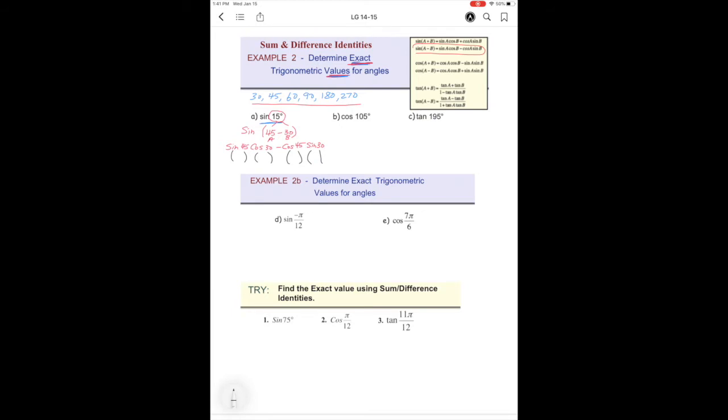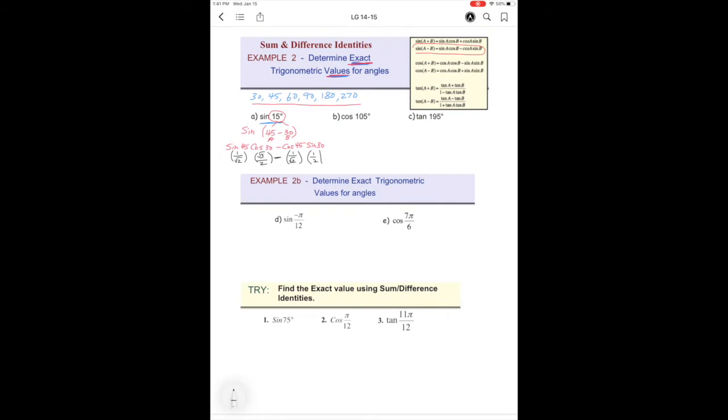So this is 1 over root 2, and the cosine of 30 is root 3 over 2, minus the cos of 45, that's 1 over square root 2, and the sine of 30 is 1 over 2.